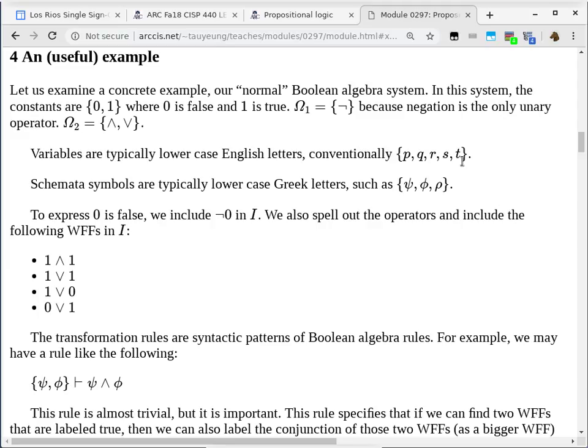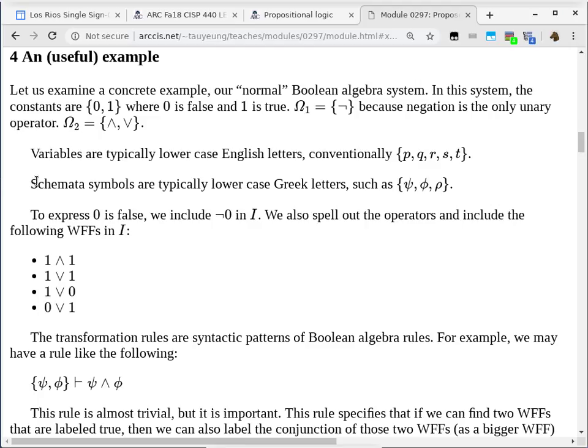A variable means it is a letter that is representing a value that can either be true or false. In that sense, it is the same concept as a variable that you know in programming. In other words, we don't really know whether P is true or not. It's a container. It can contain either of those values.